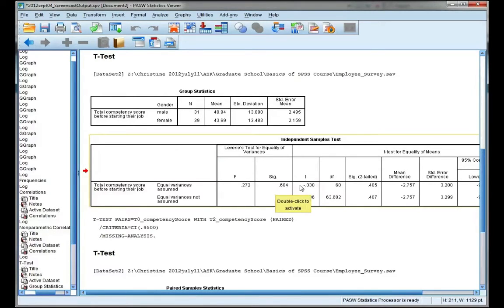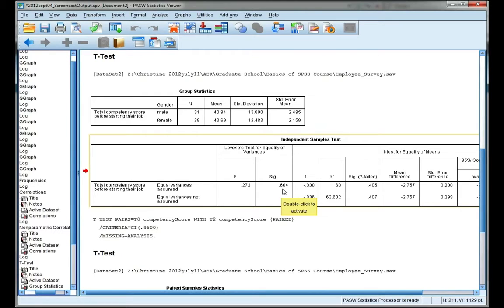So we evaluate that using the significance value, and we do this the same way we would do all hypothesis tests. We're comparing it to our level of significance. I've set my level of significance to 0.05. You can choose 0.05 or 0.01 depending on what your significance level is.